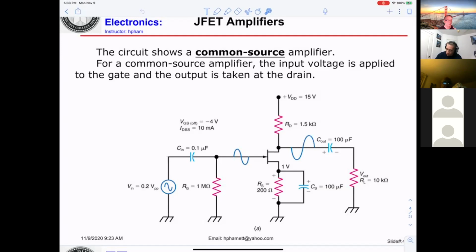Now, let's see what else. Normally, how can we solve the self-bias? You need the transconductance curve.